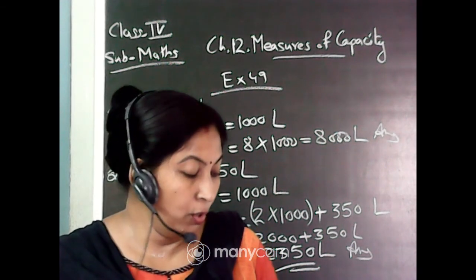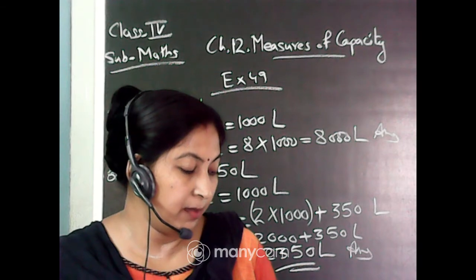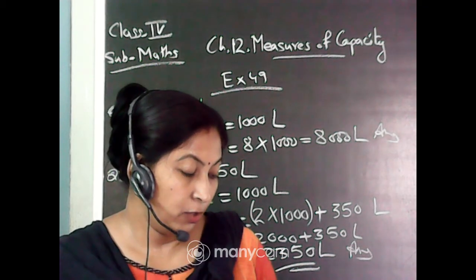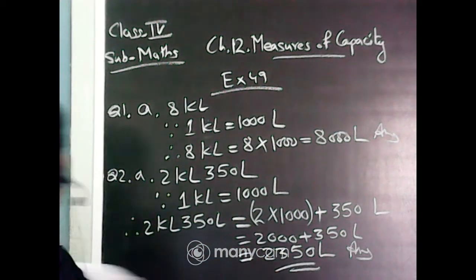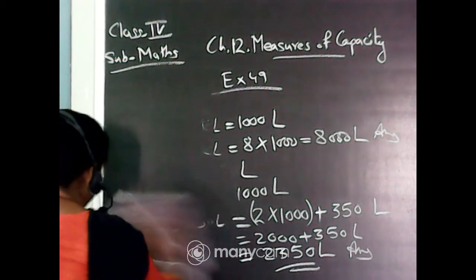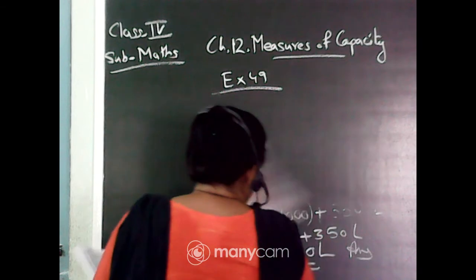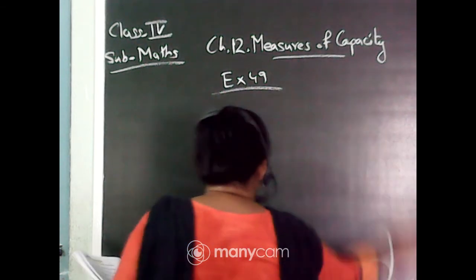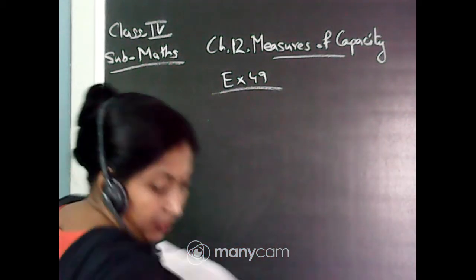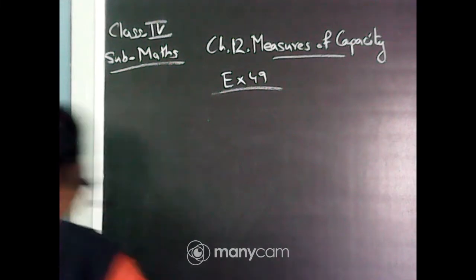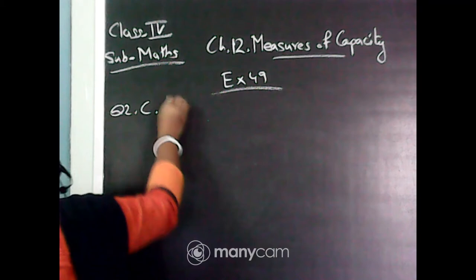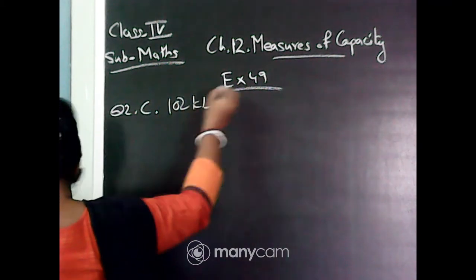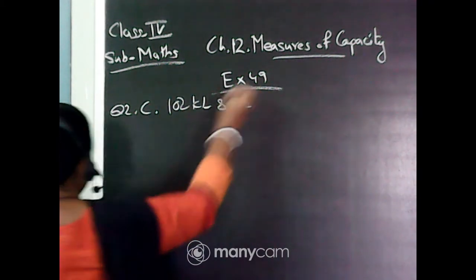Yes. Now do quickly number B or number C. Do number C and tell me the answer. Quickly do number C. It is given 102 kiloliter and 8 liter.